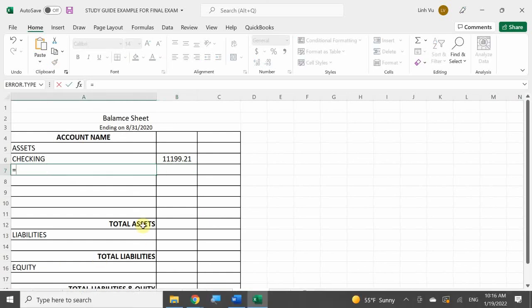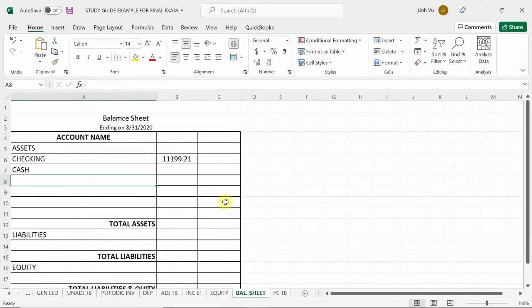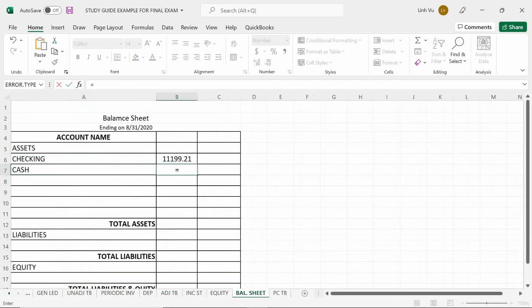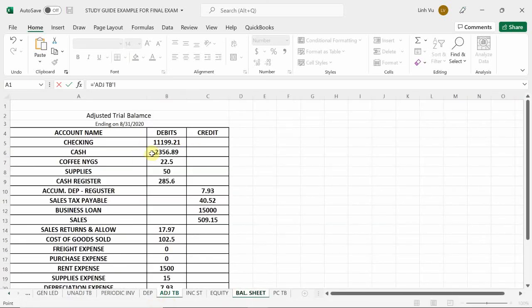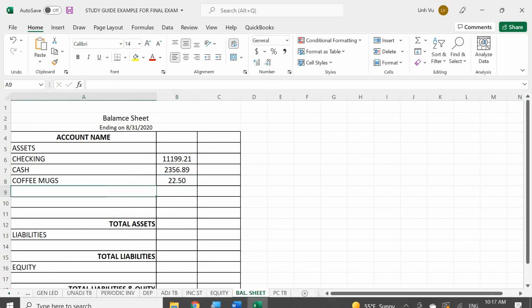My next account is my cash, which is 2,356. Okay. I have coffee mugs for $22.50. Okay.